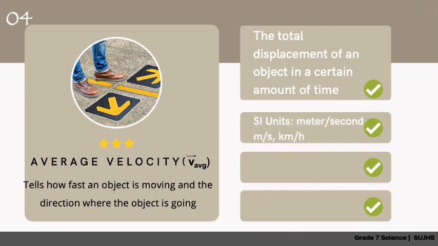The SI units are the same as that of average speed, meter per second and kilometer per hour. It is classified as a vector quantity because it tells us the direction aside from how fast the object is moving. Examples are 10 meters per second north and 100 kilometers per hour south.